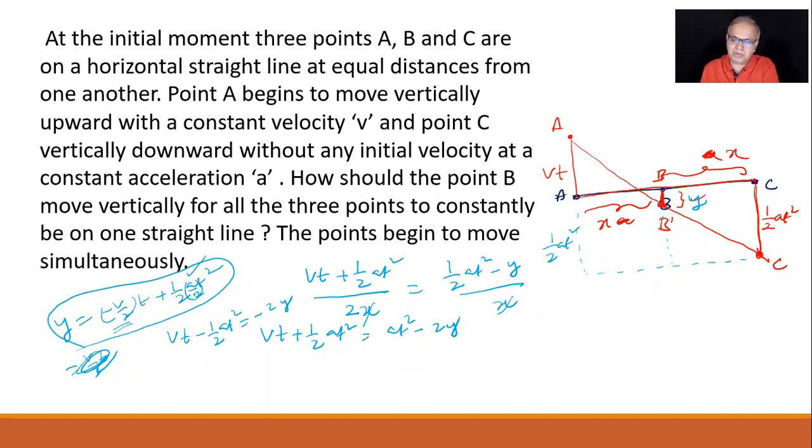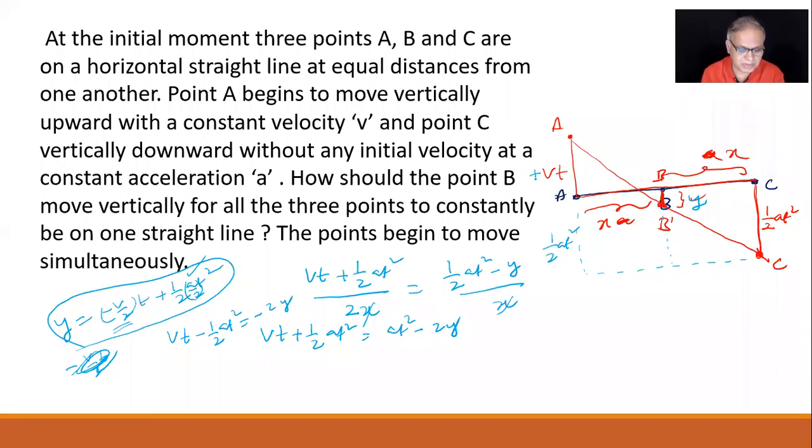We took this way positive, right? What do you say? Minus V by 2 down with an acceleration A by 2, or V by 2 up and deceleration A by 2? Which is correct? You tell me. Come on, decide it. This is plus VT we put.